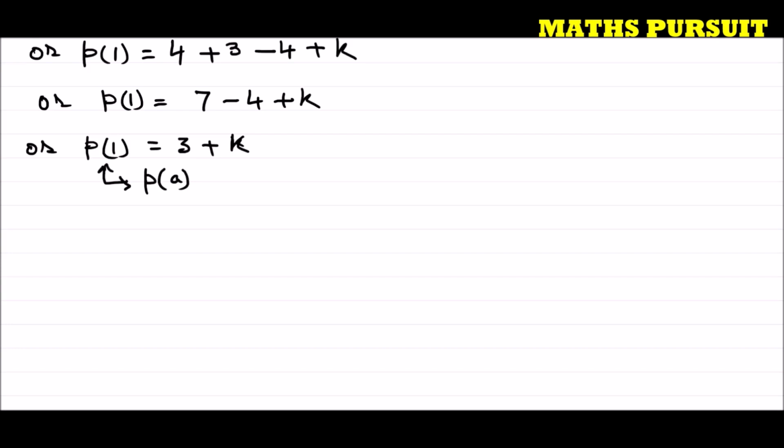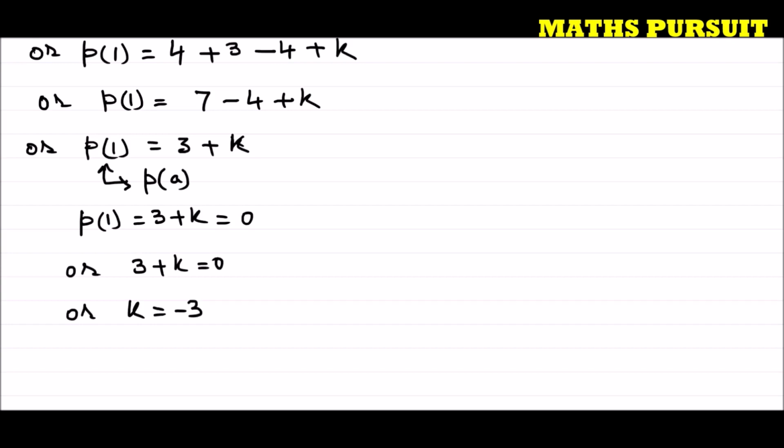So I can write p(1) is equal to 3 plus k, that is equal to 0, or 3 plus k is equal to 0, or k is equal to minus 3. Because the question asked us to find the value of k, we got the value of k is minus 3. So this is our answer, guys.